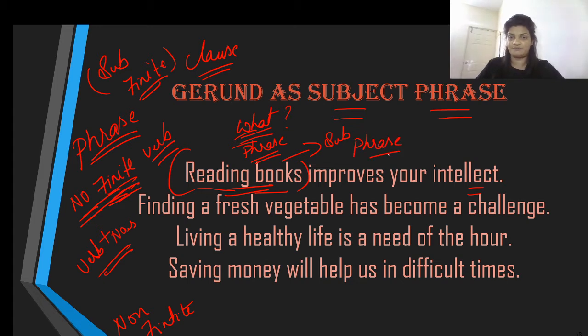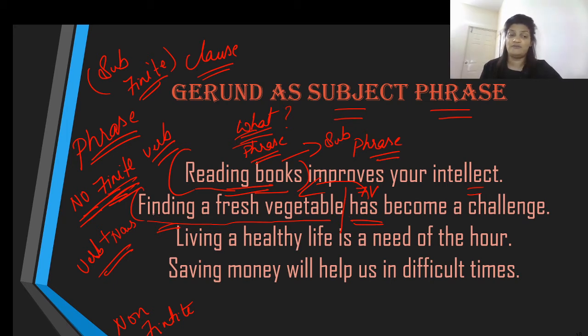All right. The next one is finding a fresh vegetable has become a challenge. Now here again, finding a fresh vegetable has. Now this is your finite verb. So anything that comes in front of your finite verb is your subject, but you do not have just one word here. You have a combination of words.